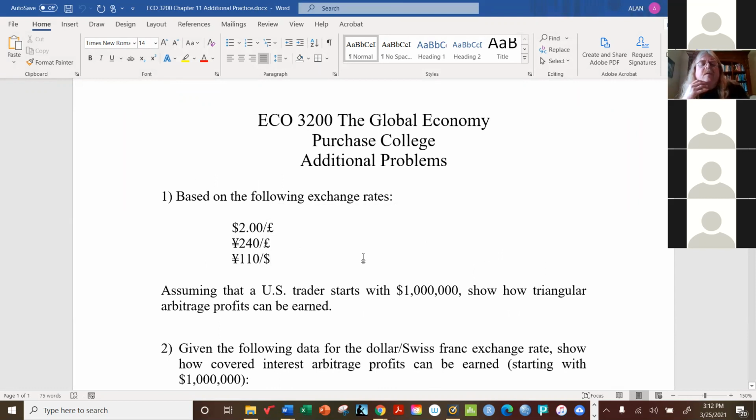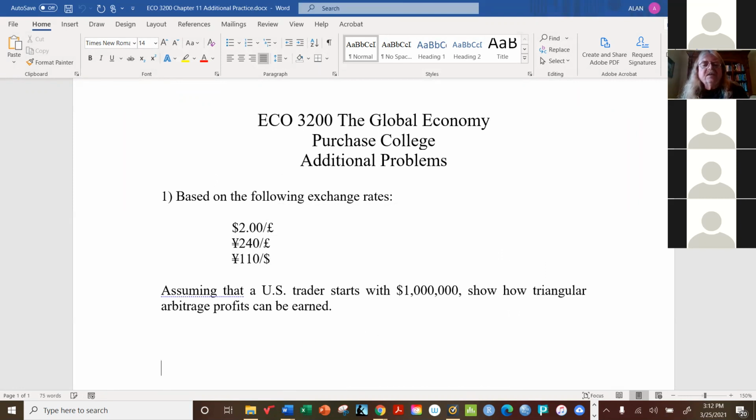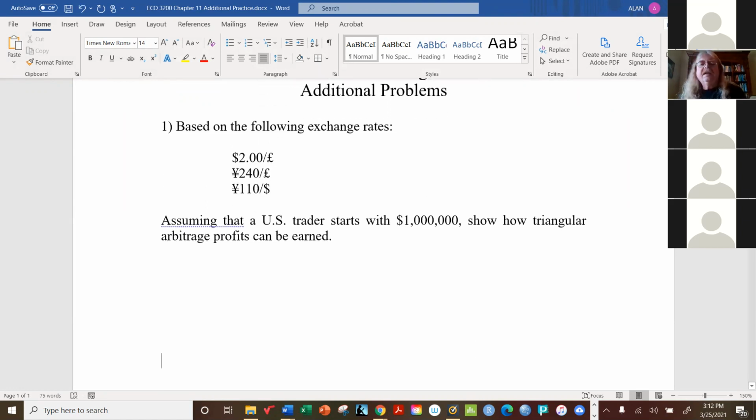So the first thing we want to ask ourselves is, is there an arbitrage opportunity here? And how do you know if there is or there isn't? Well, the best way to do that is to combine these exchange rates and see what the implied cross exchange rate is.